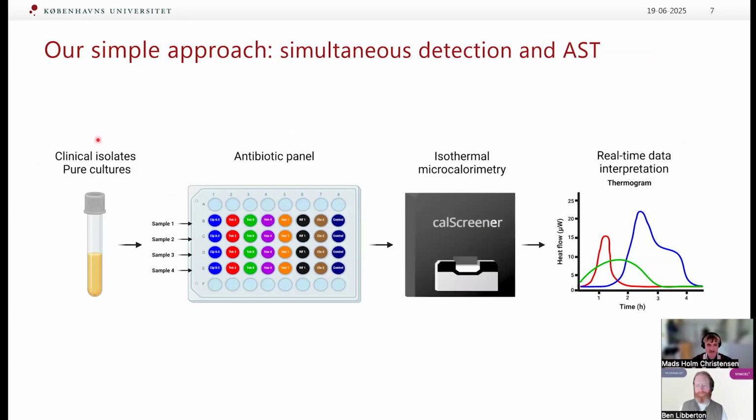From the hospital, I have sourced clinical isolates from different patients and of different species to use in this antibiotic panel that I have designed. And then I simply run, or I make cultures of these isolates from the biobank, put them in the antibiotic panel and run them in the calScreener, and then interpret all these heat flow curves that I get.